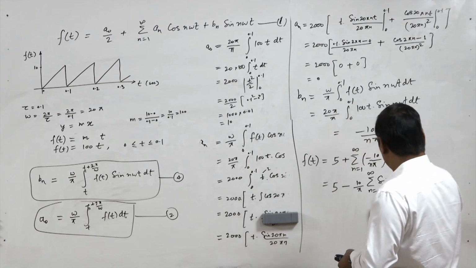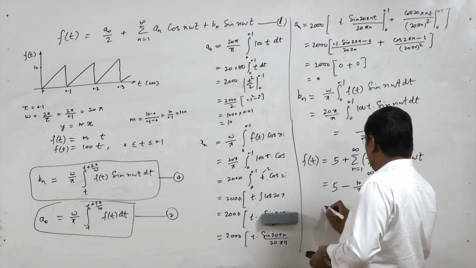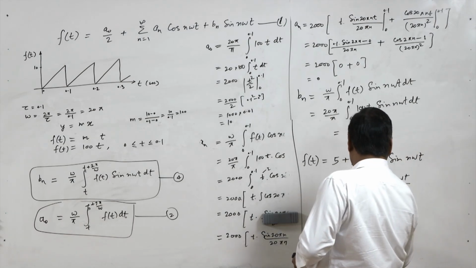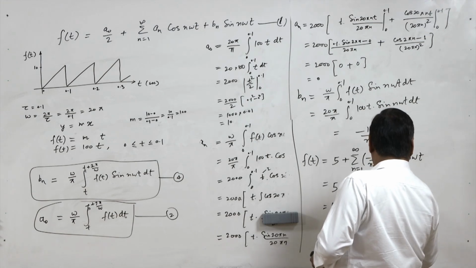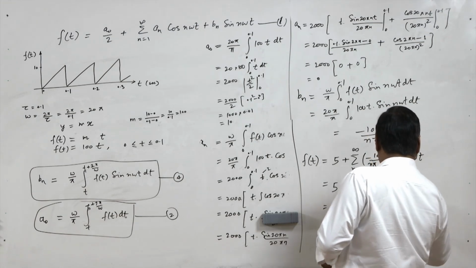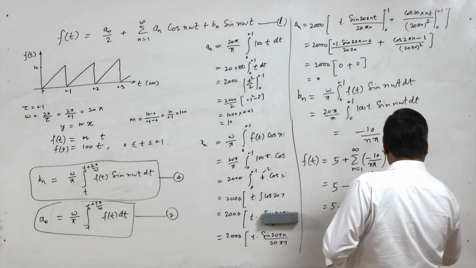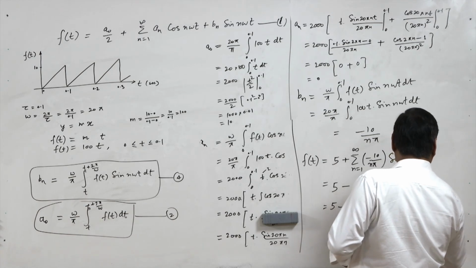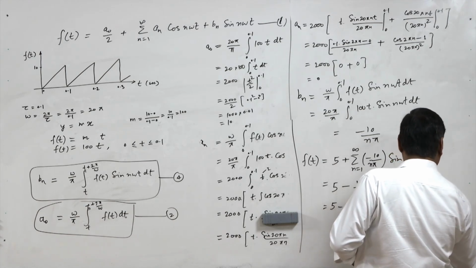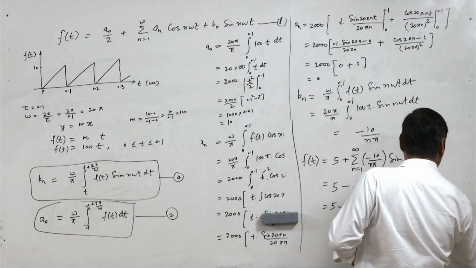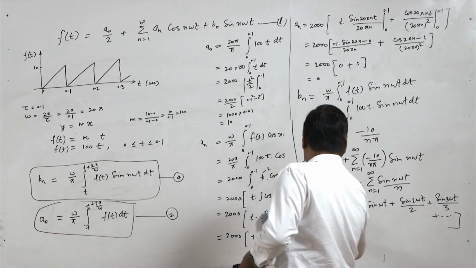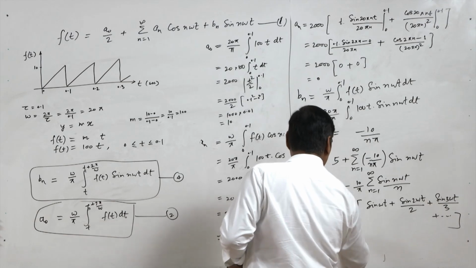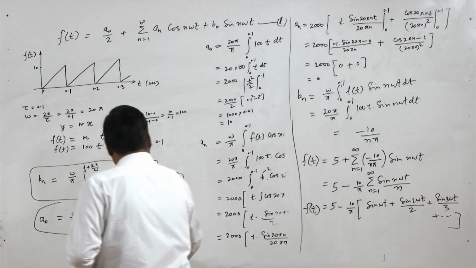Because n is 1 to infinity, we keep all the n terms here, so we can express this as 5 minus 10 by π, sin ωt plus sin 2ωt by 2 plus sin 3ωt by 3 plus and so on. So this is my Fourier series that contains n terms.